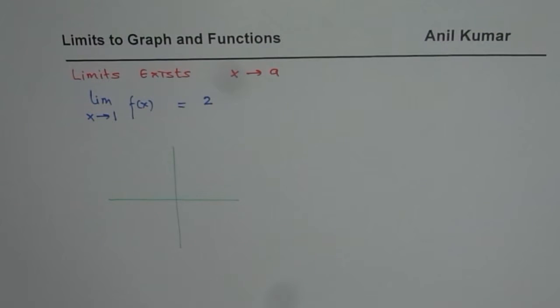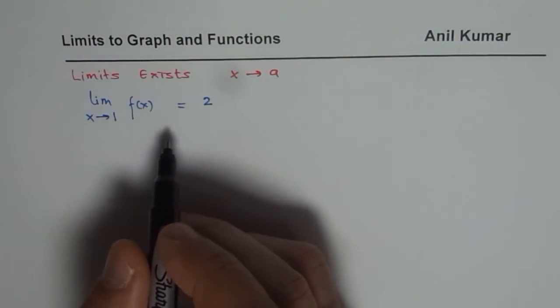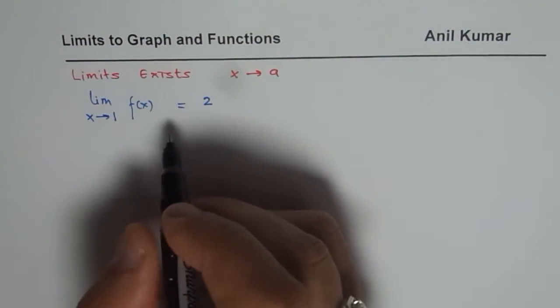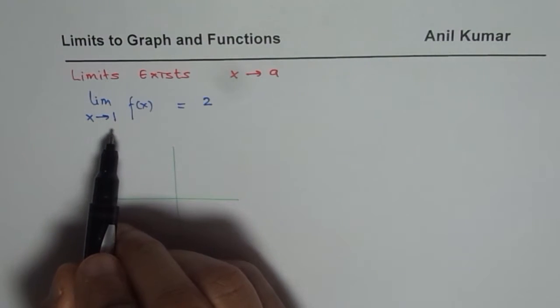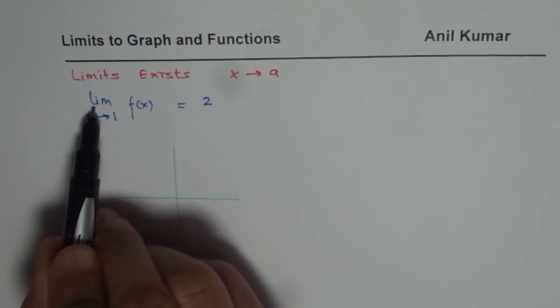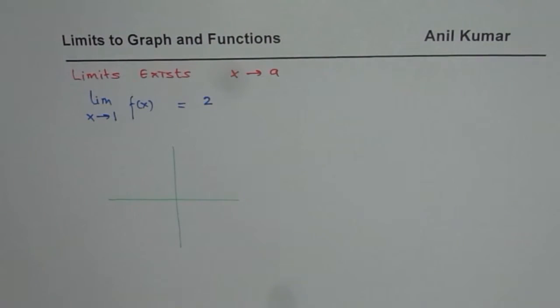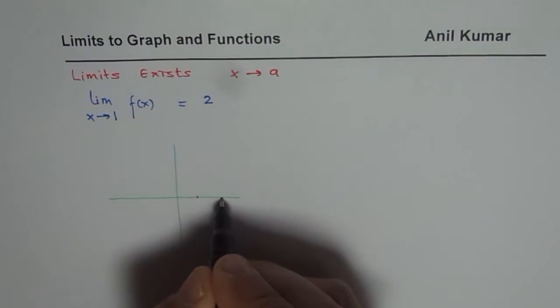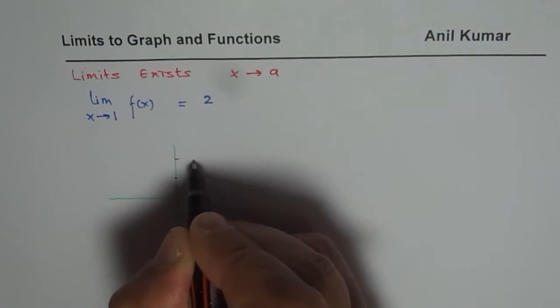One possibility, as I said, is you're given this, and you're also given that the function is continuous. In that case, it is very simple. When the limit of the function is 2 as x approaches 1, let's say this is your x-axis, this is your y-axis. As x approaches 1, the value you are getting is 2.